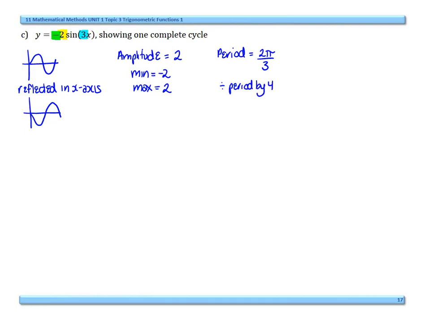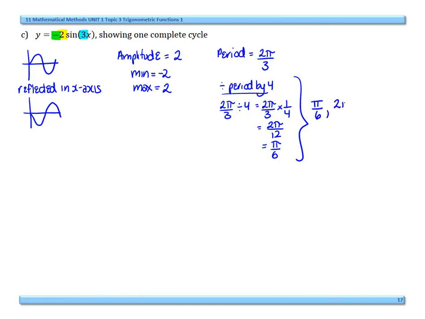So not as straightforward as the others. 2 pi over 3 divided by 4 is 2 pi over 3 times 1 over 4, which is 2 pi over 12, or pi on 6. I can now do my scale on my x-axis.